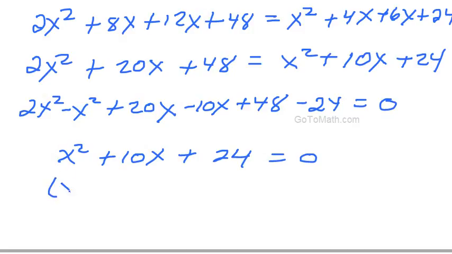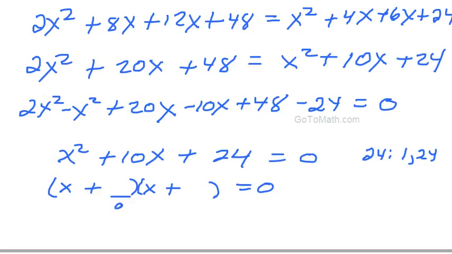We know that both these terms are going to start with an x, because that has a coefficient of 1 there. And we got 24, so we can do 1 and 24. But 1 and 24, right, it's not going to get us a 10, that's for sure. And since both of these are positive, these numbers here are going to both be positive, right?